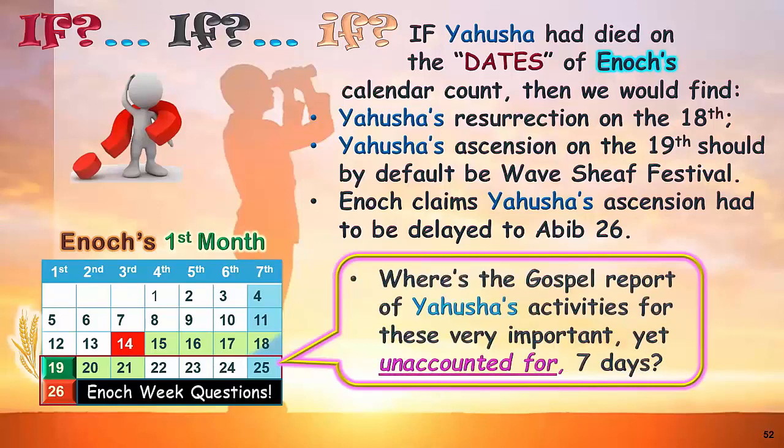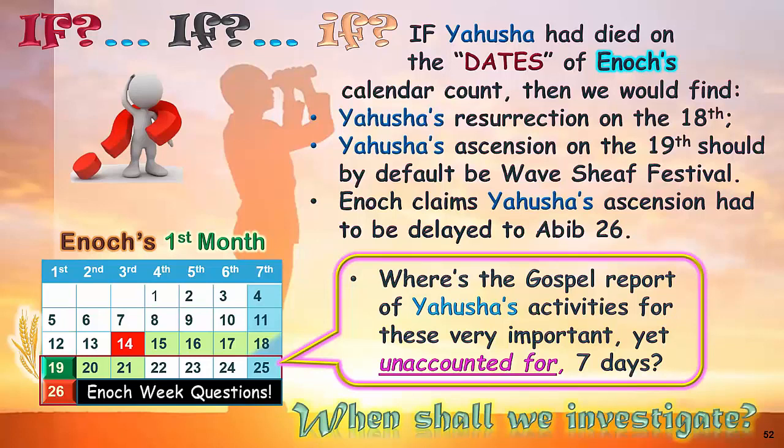Where's the gospel report of Yahusha's activities for these very important yet unaccounted for 7 days? Is there a gospel report of these 7 days? Where is Enoch's report of these 7 days after the resurrection?